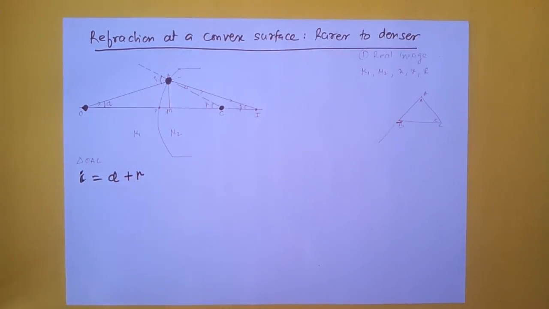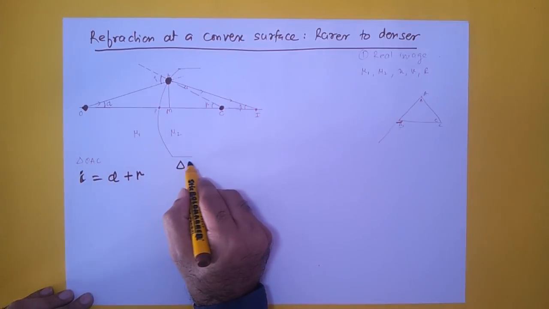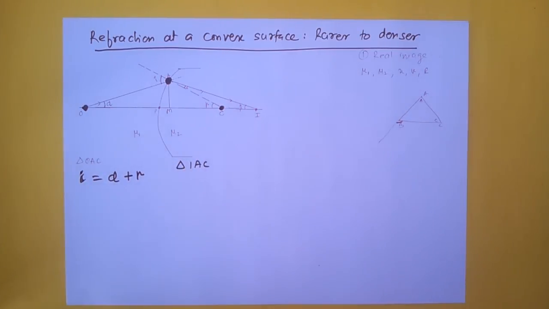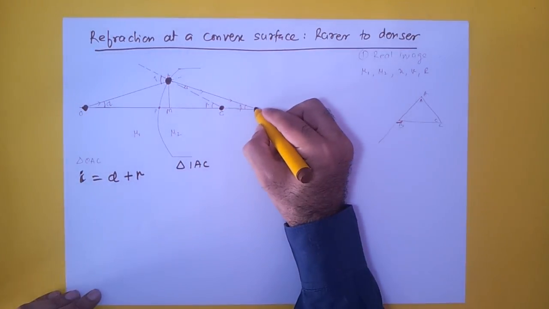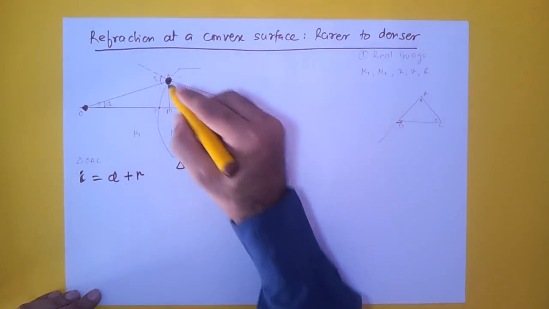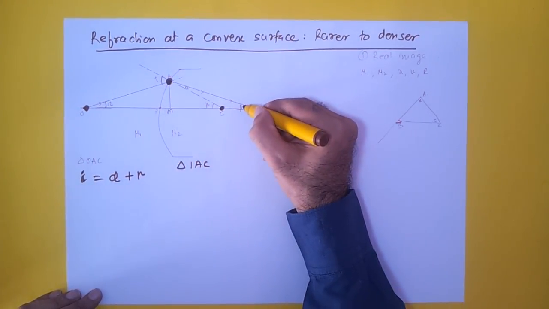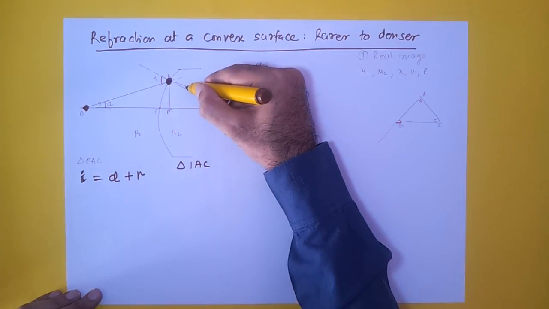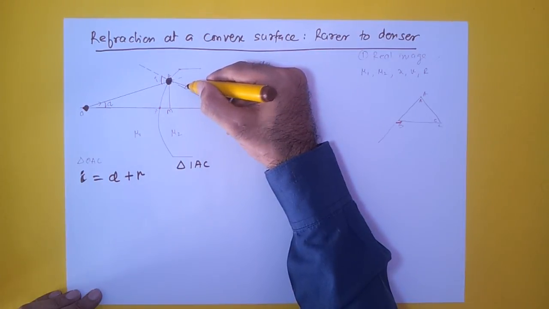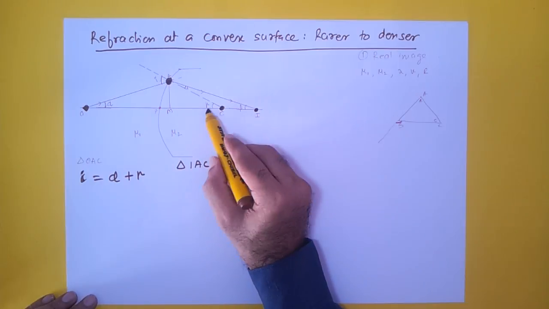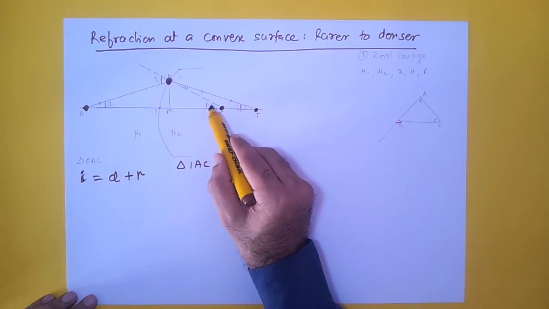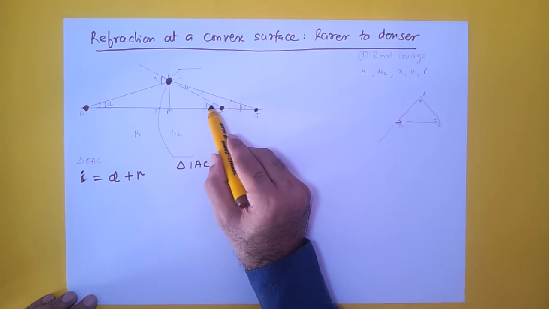That's one. Okay, if I look at triangle IAC, so which triangle I'm referring to, triangle I, A, and C. In this case, the internal angles are beta and r, which is the angle of refraction, and the external angle is, as you can see over here, gamma.